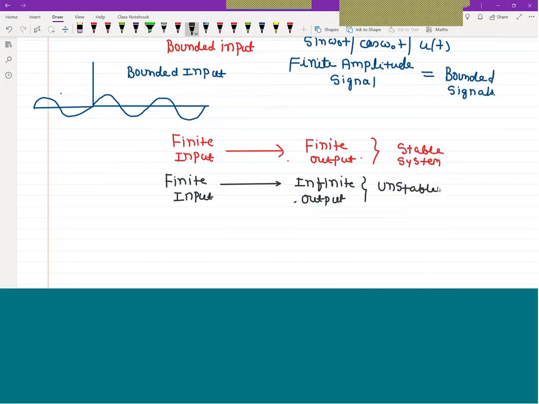So there are two types of systems. The criterion for checking stability is the bounded input, bounded output criterion.